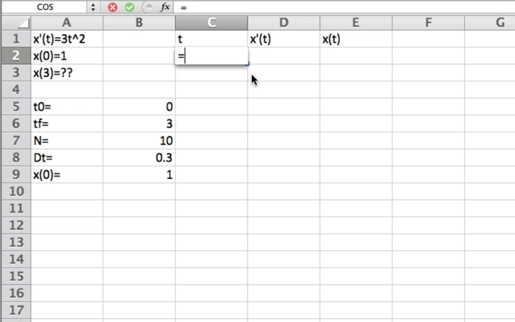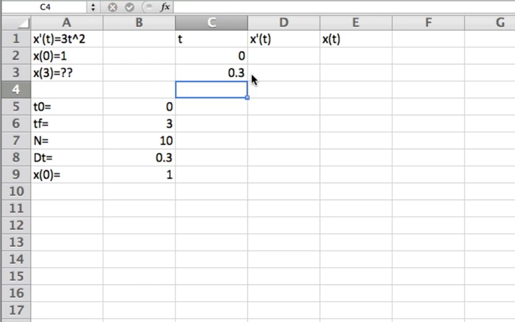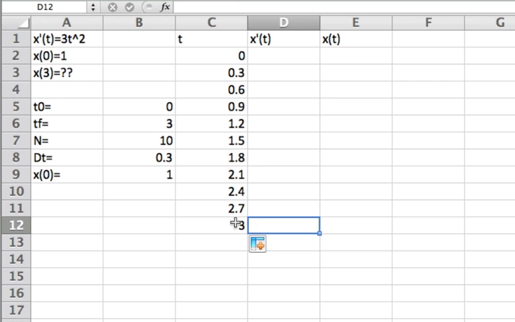So t is going to start at t0, which is in B5, and then we're going to increment that, taking the previous cell and adding to it delta t, which is in B8. And now we're going to repeat that all the way down until we get to 3.